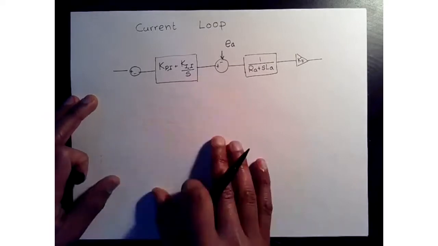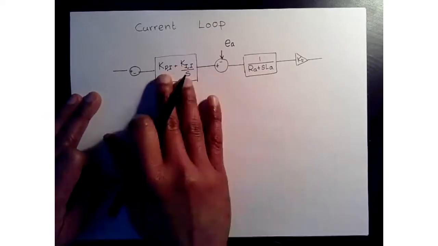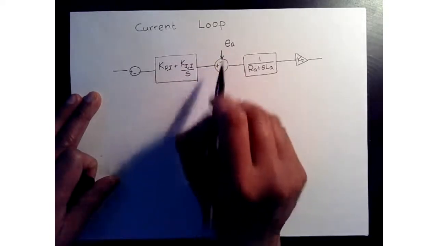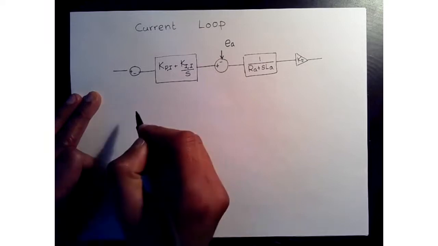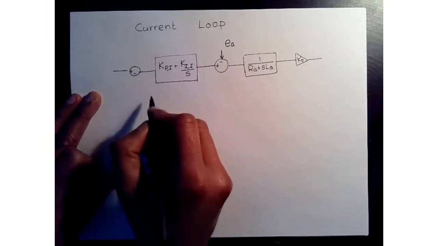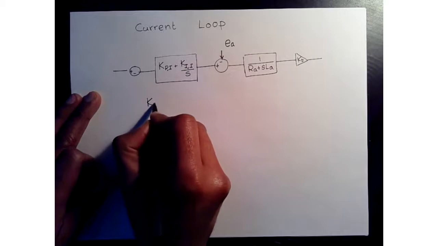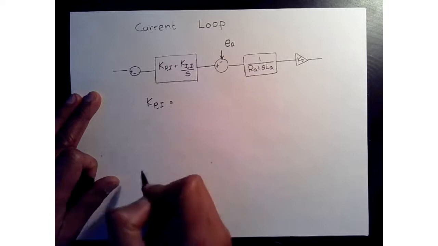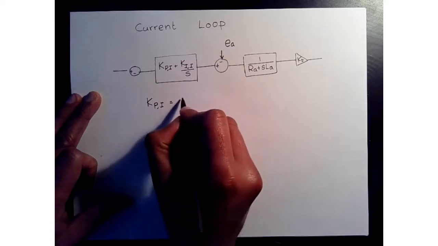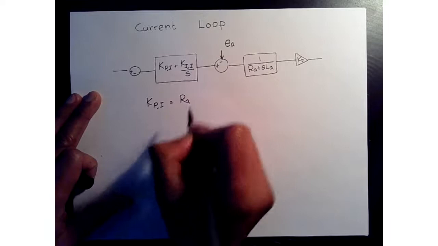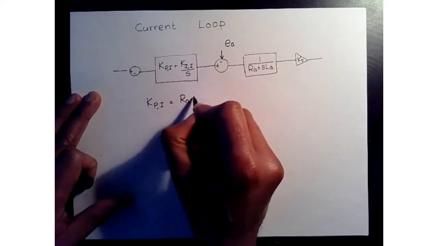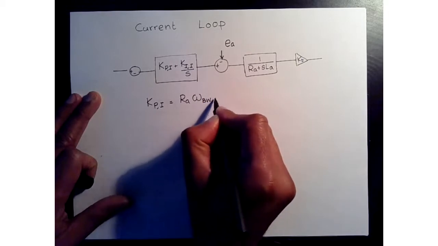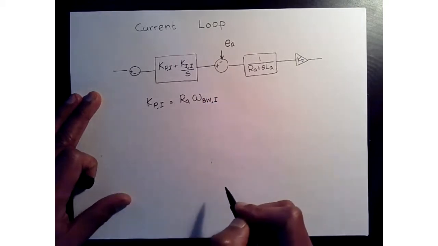Okay, all right. So in order to achieve that, before I draw that system down here, I'm going to say my KP of I is going to be RA times omega bandwidth of the current controller.